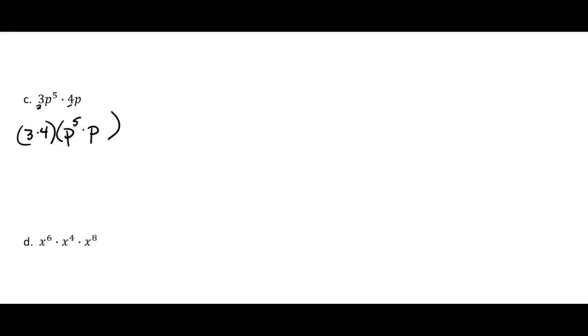Now, when I just have p, that is understood to have an exponent of 1. We don't write the 1, we just know that it's there. You can write the 1 if you want to. Okay. So what is that going to equal? Well, 3 times 4 is 12. So I'm still multiplying like these coefficients. That's just regular multiplication. And then I'm going to have p to the power of 6, because 5 plus 1 is 6. So that was a really fun problem.